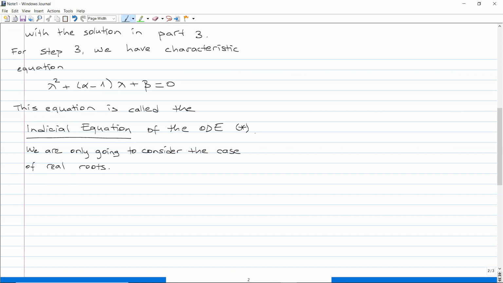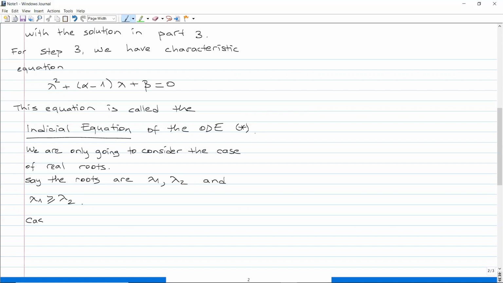So first, we're only going to consider the case of real roots. Say the roots are lambda 1 and lambda 2, and lambda 1 is the larger root. Of course, in case of repeated roots, they may be equal. But if distinct, we take lambda 1 to be the larger one.